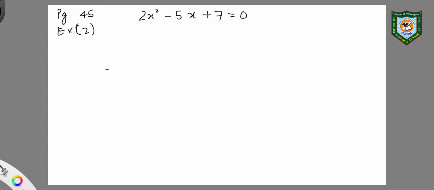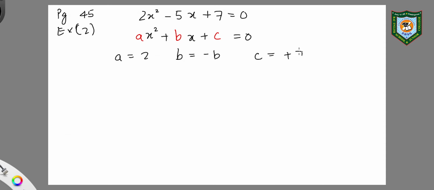Whenever we are trying to get a solution for a nature of the roots question, we have to compare the equation to our standard form of a quadratic equation. So here I have ax square plus bx plus c is equals to 0. This gives me a is equals to 2, b is equals to minus 5, and c is equals to plus 7.